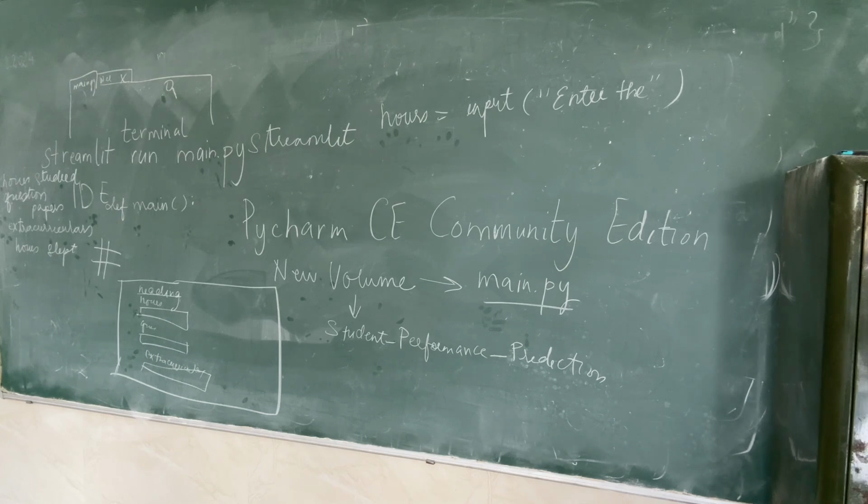Our function will be called using the function name, which is predict underscore student underscore performance. And then we will give it, for example, hours from the user. This goes in order.